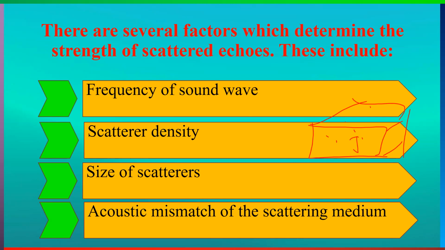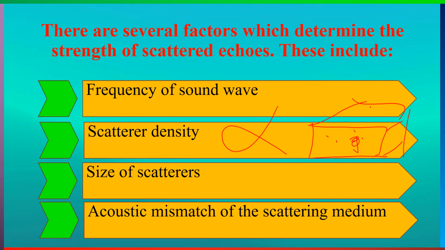If there is only one molecule, there will be only one scattering from that. But if the number of molecules increases to two, then the scattering will also become twice. So the scattering is directly related to the scatter density.